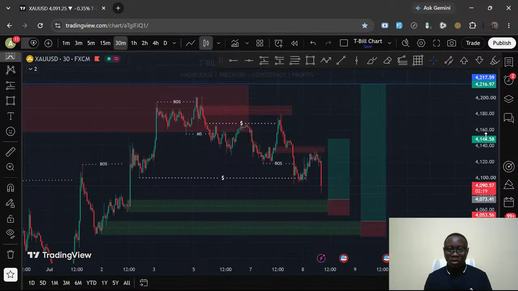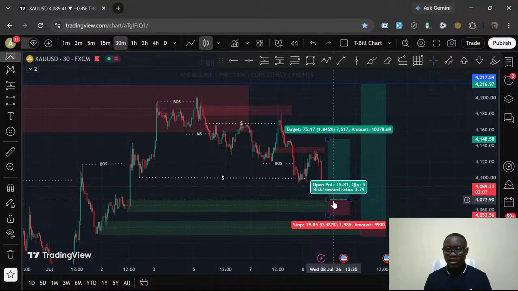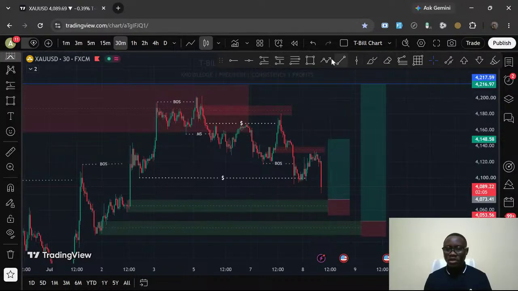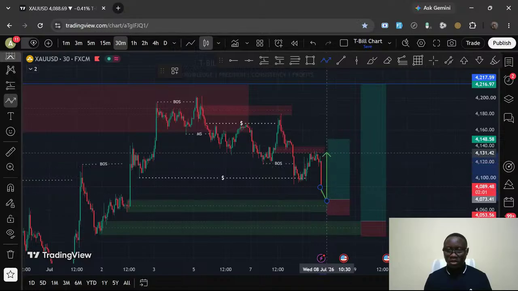So what I would want to do is wait for price at this buy, then buy to this zone right here, this other block here, or right here.